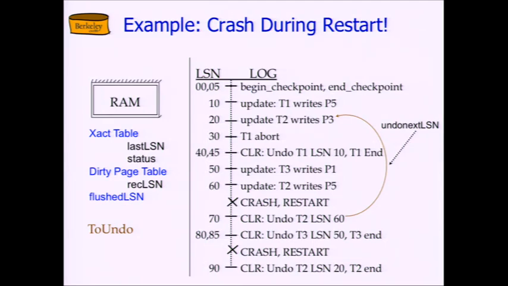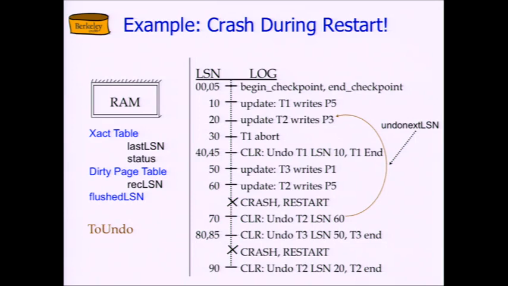Trying to decide whether it's worth putting this up on the board again, because the 0 through 60 is the same, right? And then we crash. And when we wake up, maybe we should do this. So I'm going to put this up top. I won't erase it. This has been lost. That was memory, and we just lost it. But just for fun, we'll put it up there. It's like a historical state of memory.